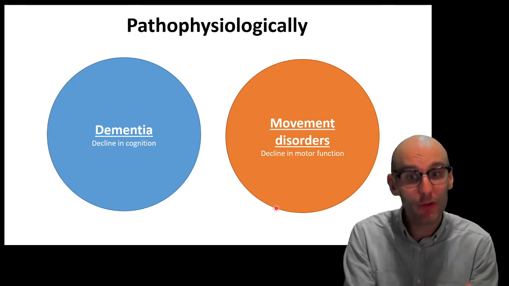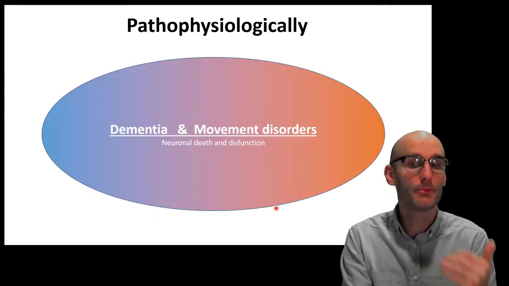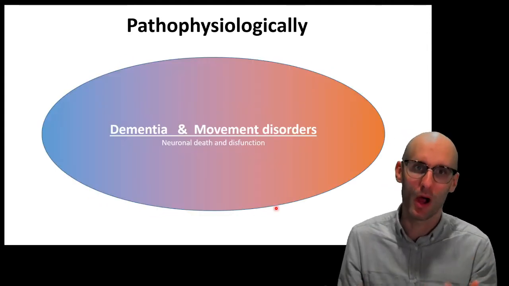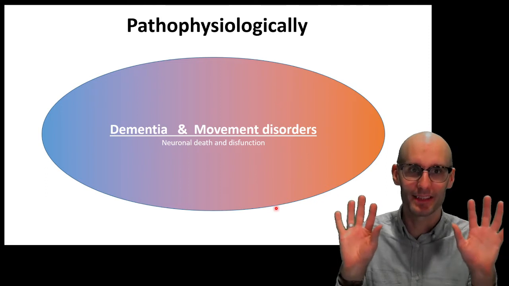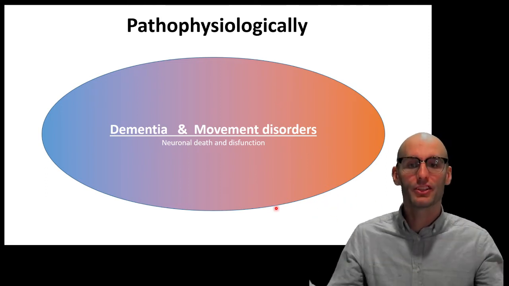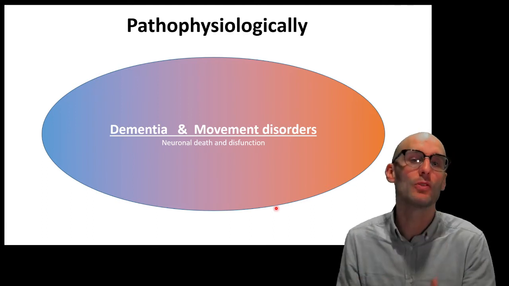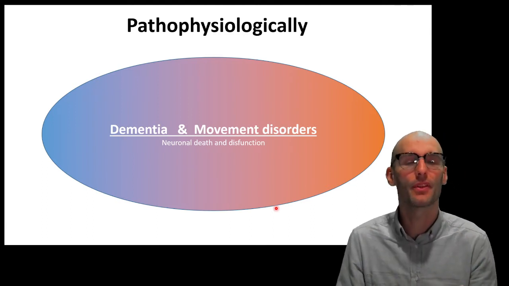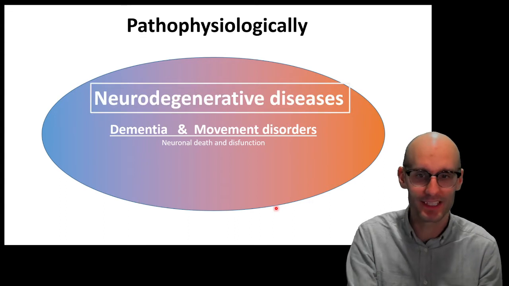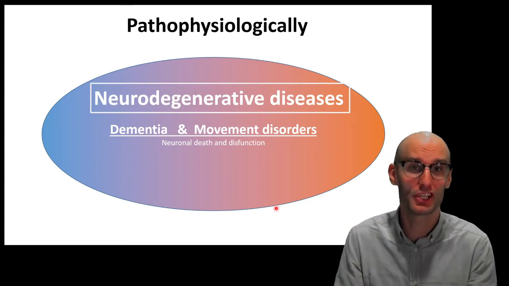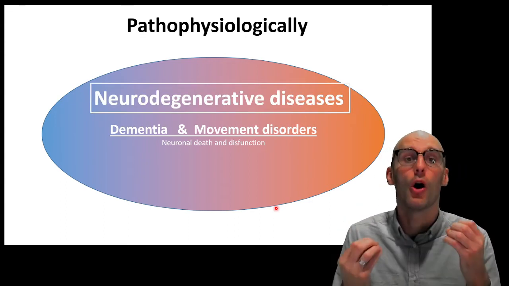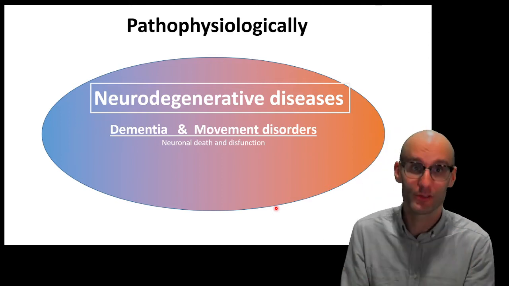So pathophysiologically, dementias and movement disorders are much more highly related. They're not distinct separate circles on the Venn diagram. There's huge overlap. And that's because often they're both caused by neuronal death and dysfunction. So they're called neurodegenerative diseases because they are both associated with the progressive death of neurons and dysfunction of neurons.